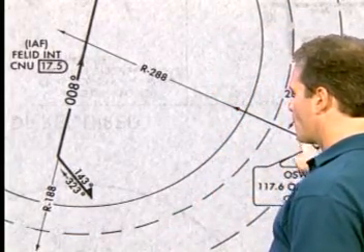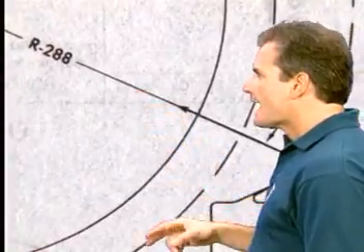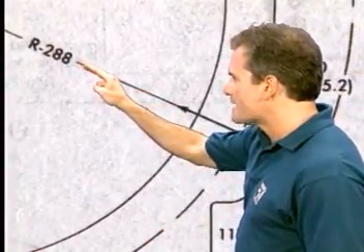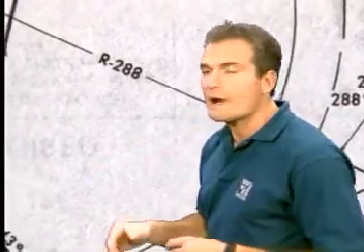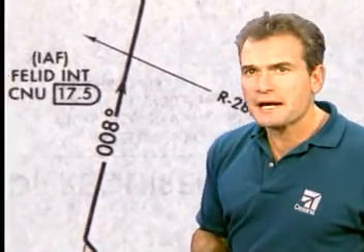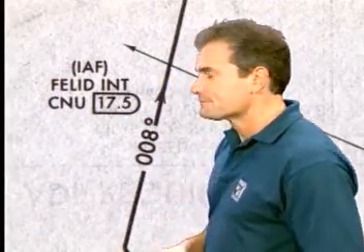But about a third of the way up along the arrow, notice that it gets thinner and lighter in color, and you see R288 in the middle of the remaining part. Well, that svelte arrow hasn't just gone on a crash diet. When a feeder route arrow shrinks in size like this one has, it also serves as a radial that can be used to identify an intersection, in this case, Field intersection.